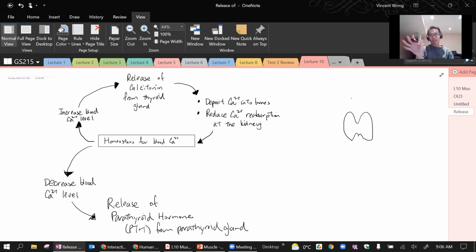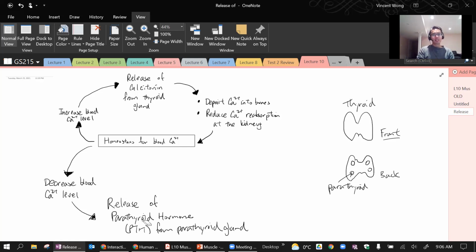And then if you flip it and look at it from the back, so this is front, anterior view. If you look at it from the back, there's going to be like 4 little knobs on it. This is back. And so these little knobs, those are the parathyroid glands. Okay, this whole thing, that's the thyroid.